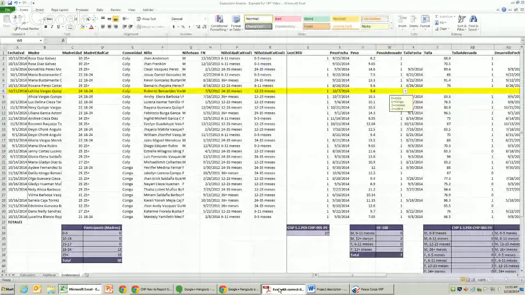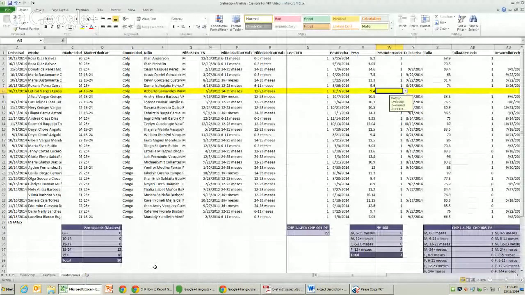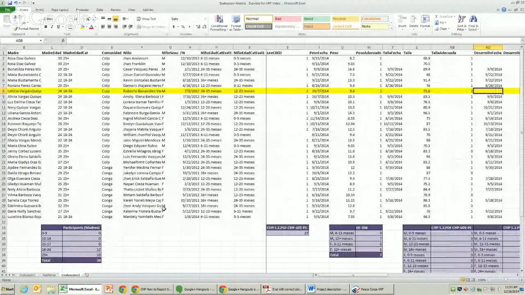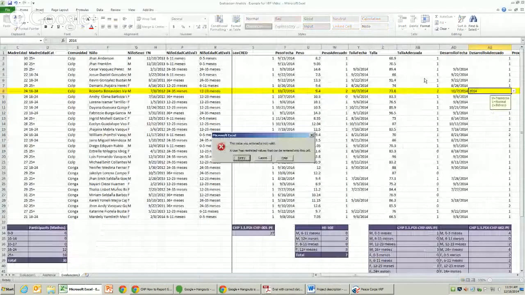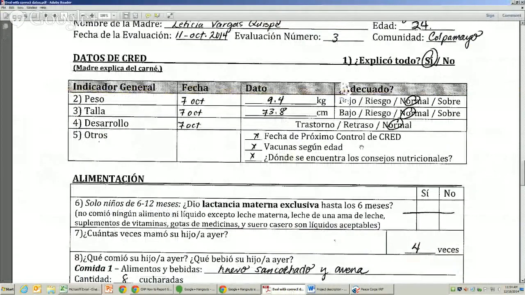Child's weight was 9.4, and it was normal. The height was 73.8 and normal. This was done on that same day. Also done on the same day. The desarrollo was also normal.